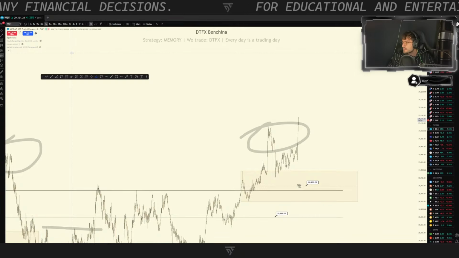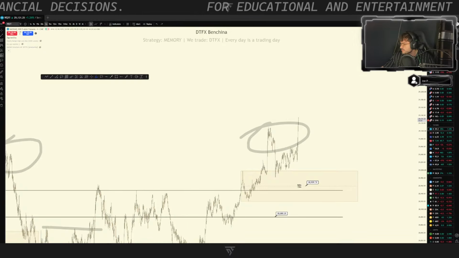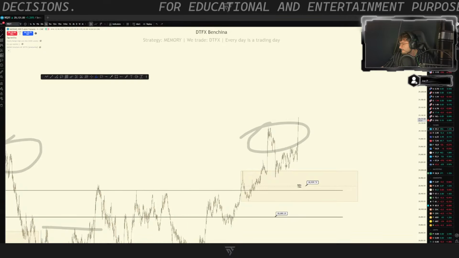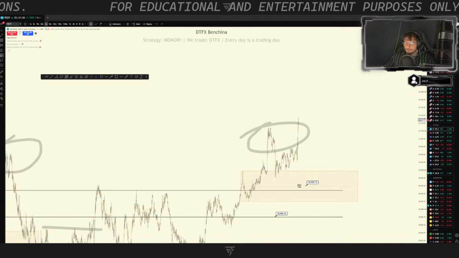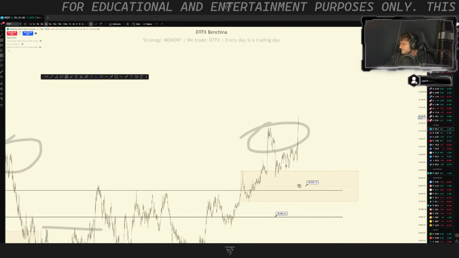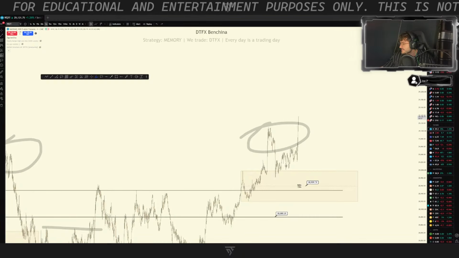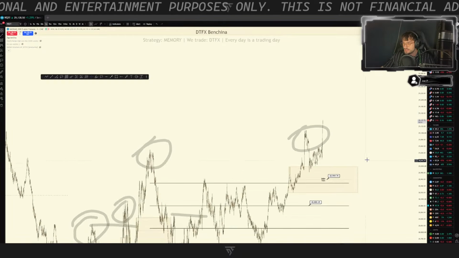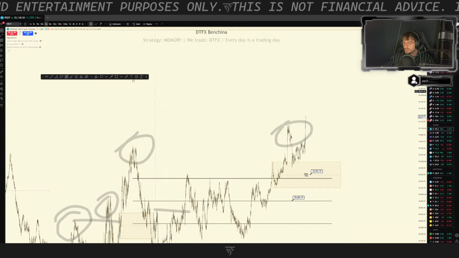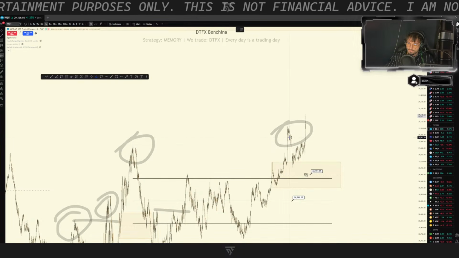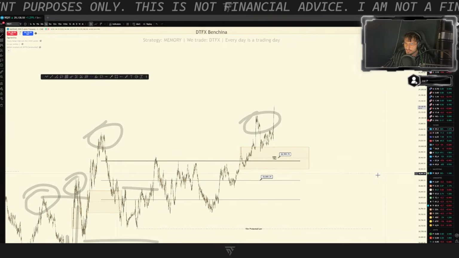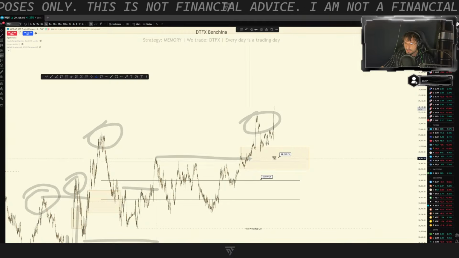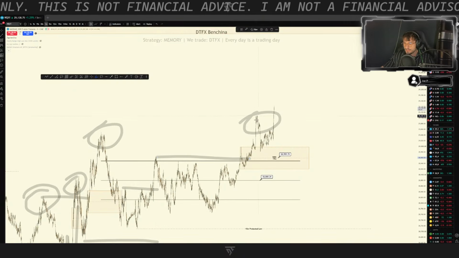Nice call on it moving higher first. Yeah, that's essentially what I like to see. But if we're just looking at the swing count, it was the first, second, the third.